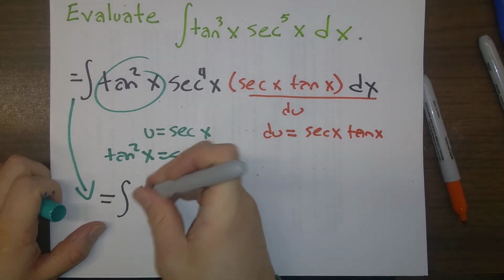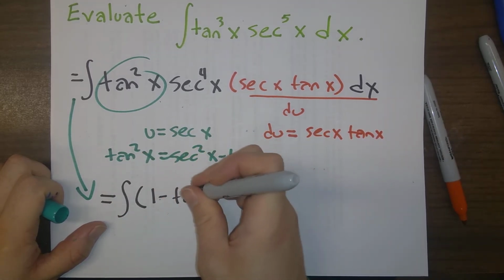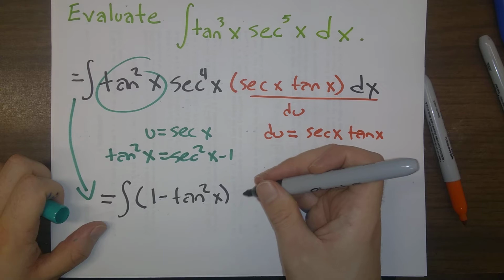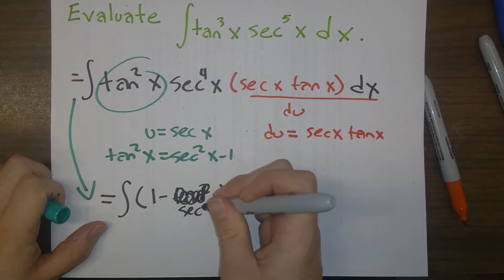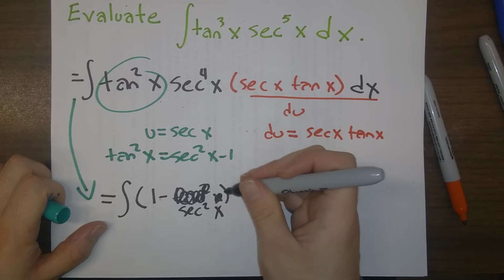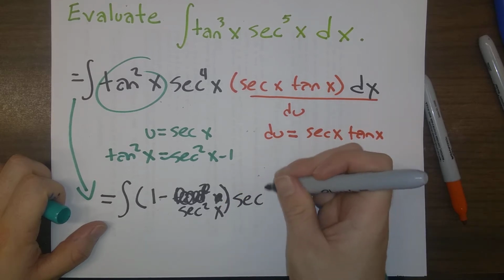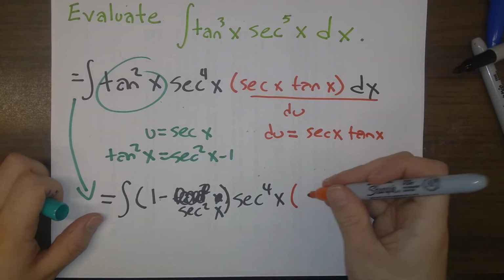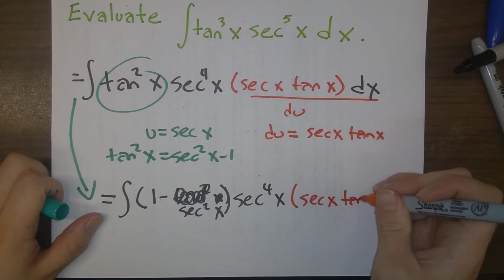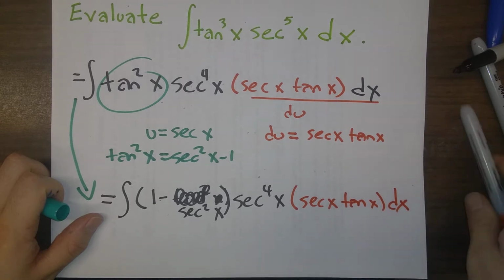The integral of, oops, sorry, that's supposed to be secant squared x minus 1, times secant to the 4th x, and then still we have the times secant x tangent x dx.